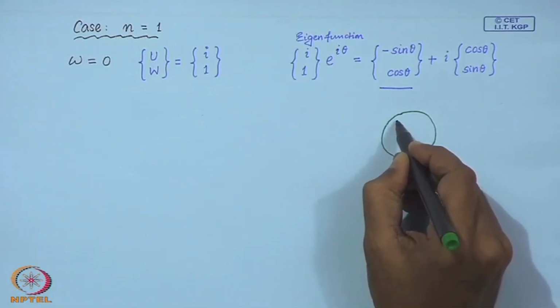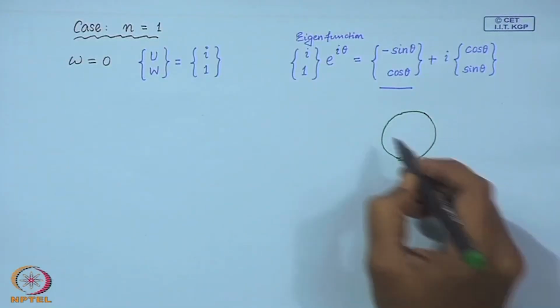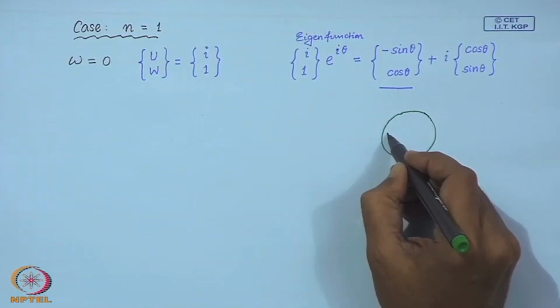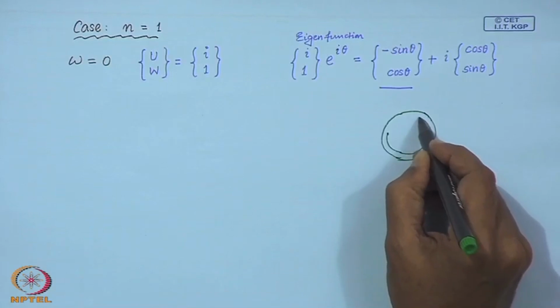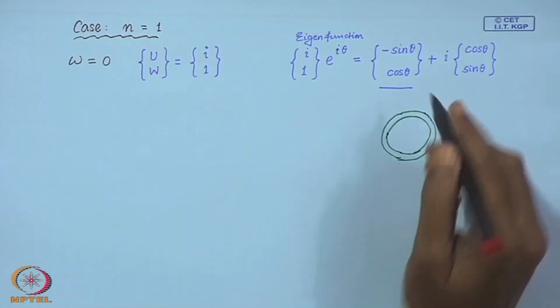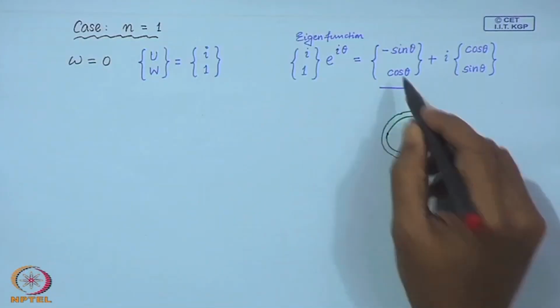So, this is the ring, and now this is the deflection of the center, the neutral fiber.